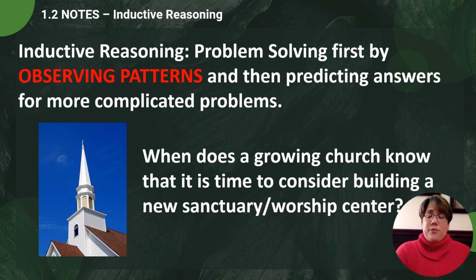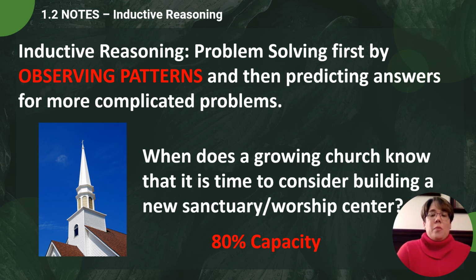So there's a formula that they use, and that formula that they have found is that when your current building reaches 80% capacity, then it's time for you to really consider building or looking at other options, whether that's multiple services or whatever it is, but you've got to be thinking about it, because at that time, things are going to start getting uncomfortable.